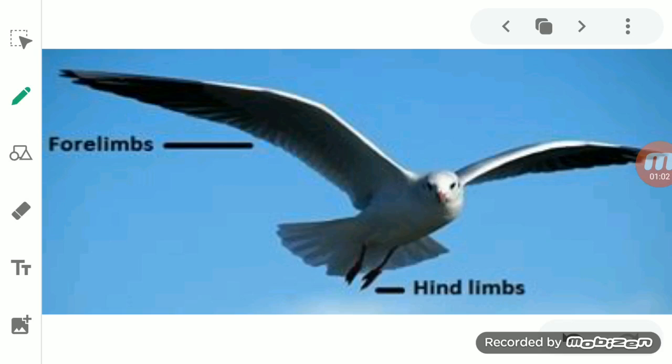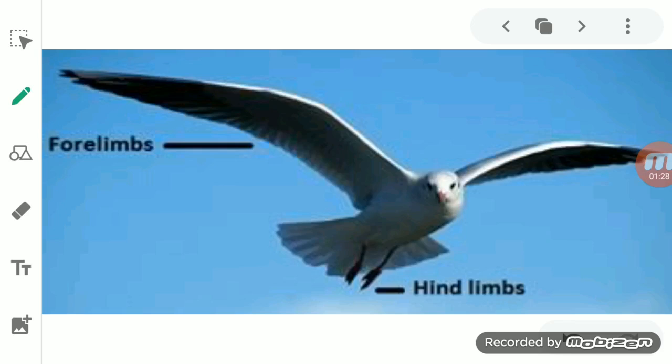Some birds have hollow, lighter bones, due to which they are able to fly in the air. There are also some birds which swim in the water, because they are adapted to live in the water also.